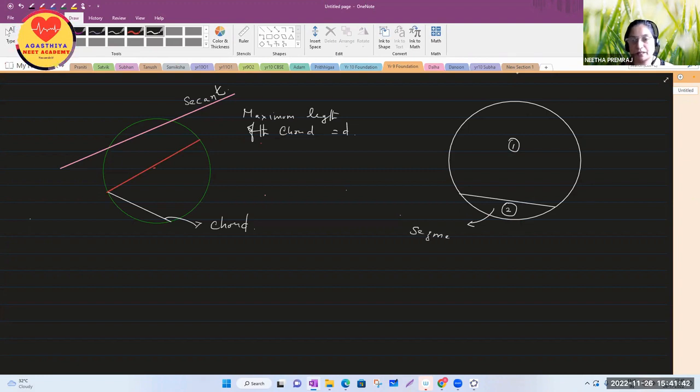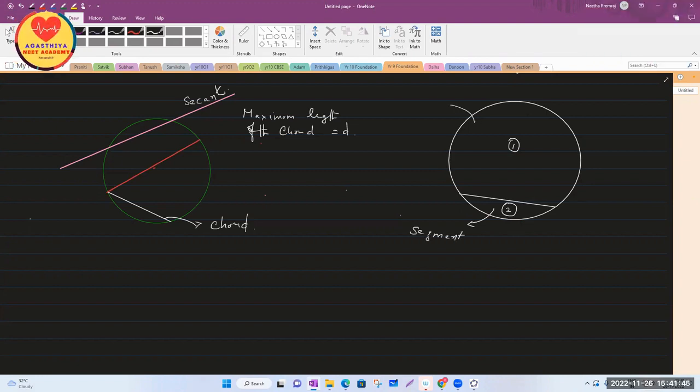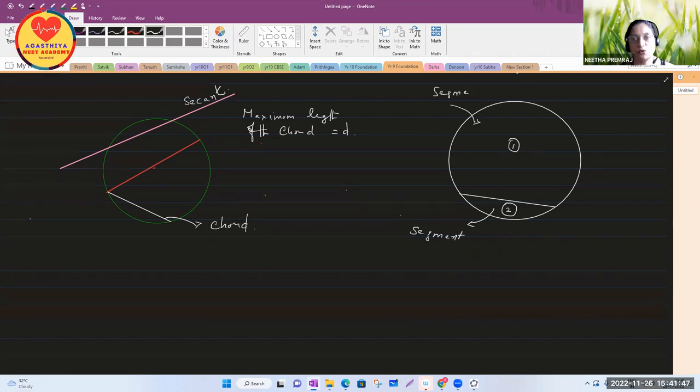Okay, this is a segment and this is also a segment. But how do we differentiate? This looks maximum, this looks minimum, right? So the smaller one you can name as the minor segment, and the bigger one as the major segment. A segment is the area.